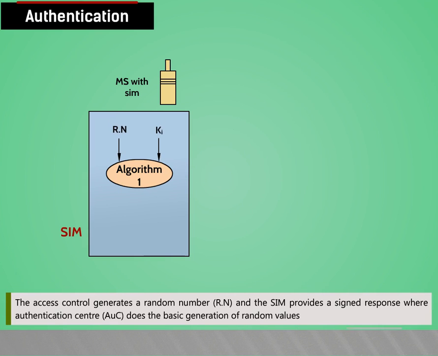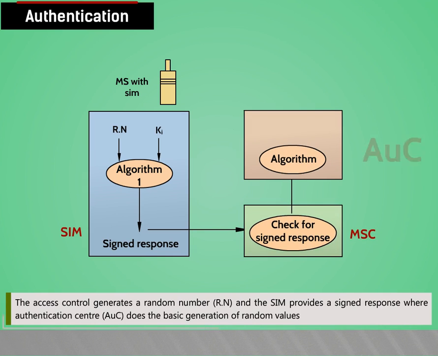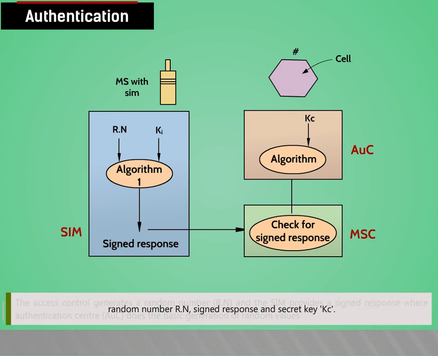The access control generates a random number Rn and the SIM provides a signed response, where Authentication Center AUC does the basic generation of random values, random number Rn, signed response, and secret key KC.